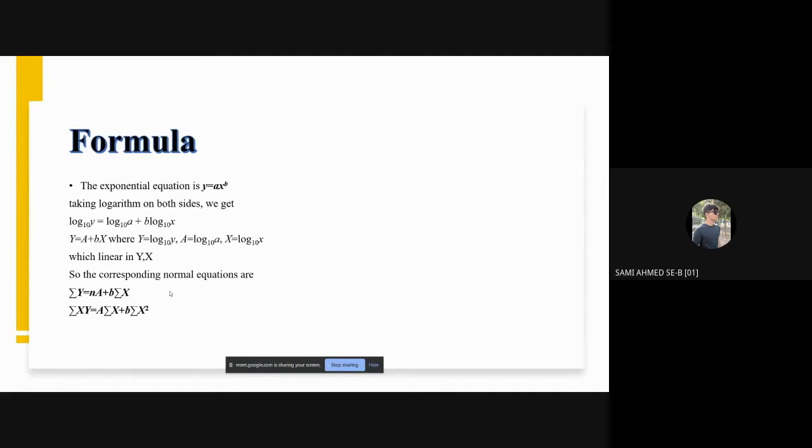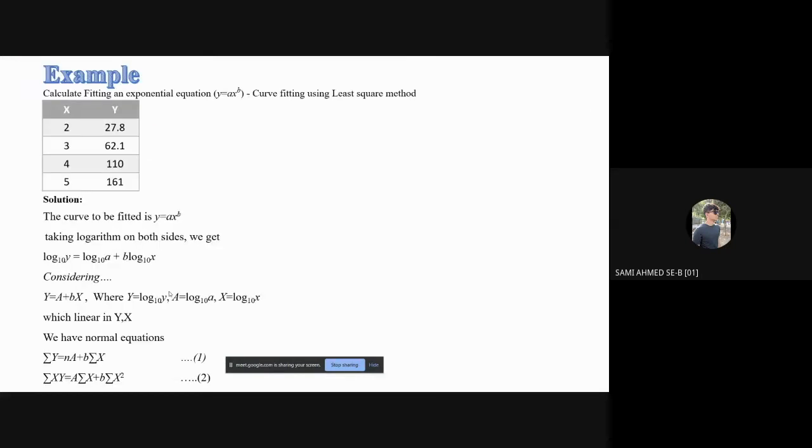So first of all, we'll take logarithms on both sides, then we'll give the notations, and then compare it with the normal equations, which are summation of y equals n times a plus b summation of x, and by multiplying by x on both sides, we get summation of xy equals a times summation of x plus b summation of x square. Moving ahead with the example.